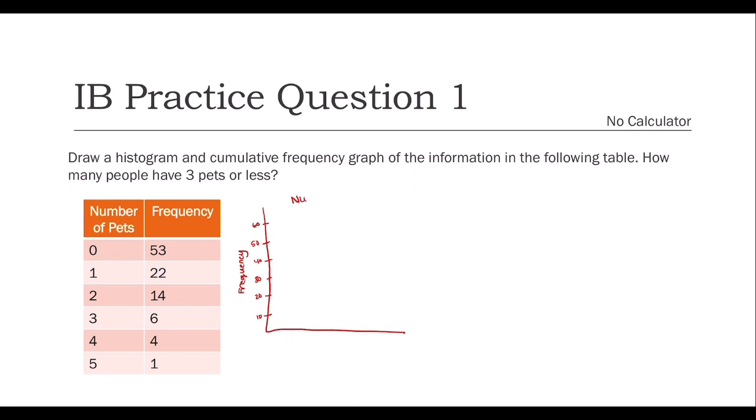We'll give it a title, number of pets. And then our x-axis would be the number of pets. So there's 0, 1, 2, 3, 4, 5.